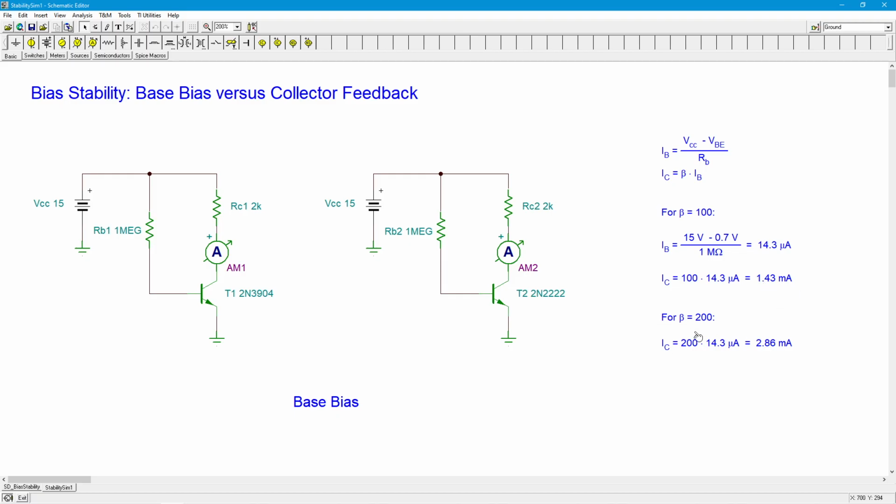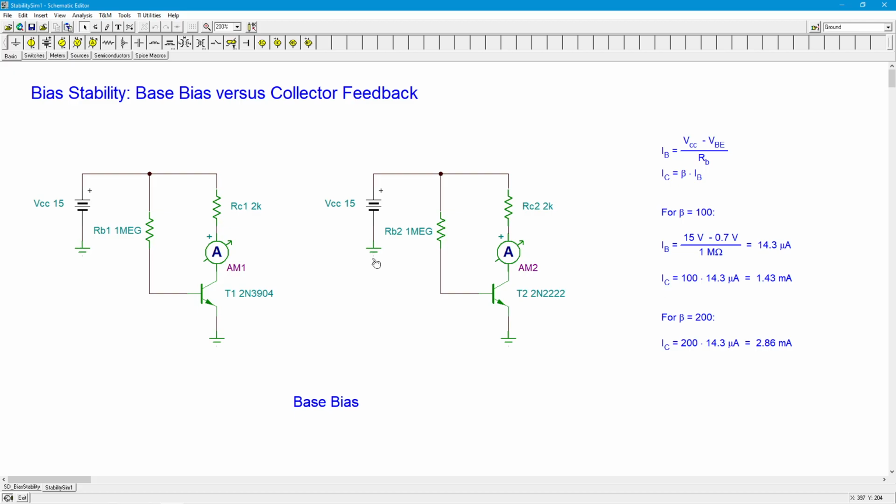On the high side, I'm going to use a beta of 200, and you do the same thing, and that works out to 2.86 milliamps. What's the actual beta for each one of these? I don't know. Maybe it's 117, maybe it's 198.2, 143.76. We just know that if we do the sim and we get a current like 15 milliamps or 12 microamps, we know something's messed up.